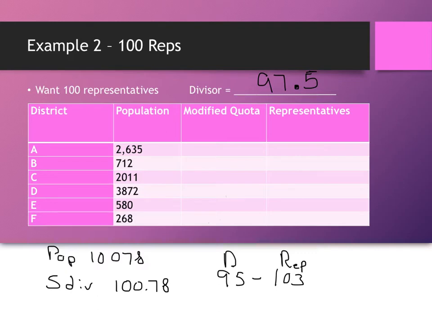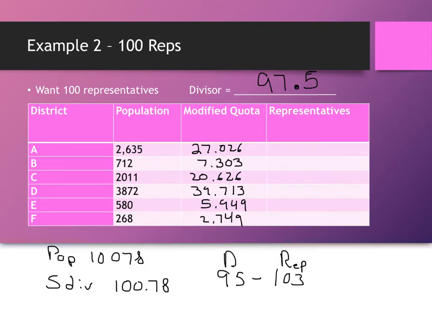All right, so hopefully you did that. In this case, I get 27.026, 7.303, 20.626, 39.713, 5.949, and 2.749.